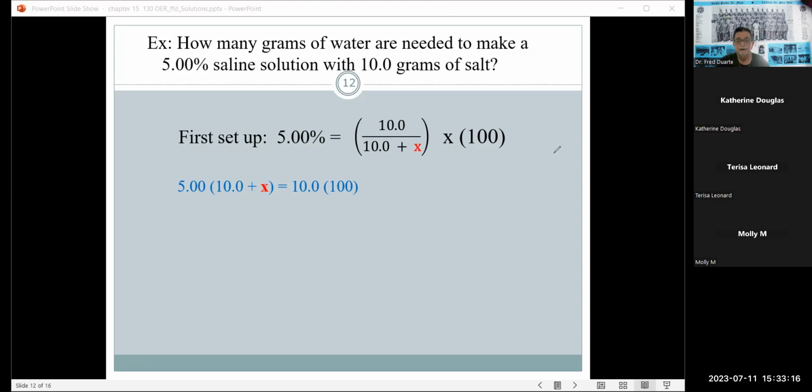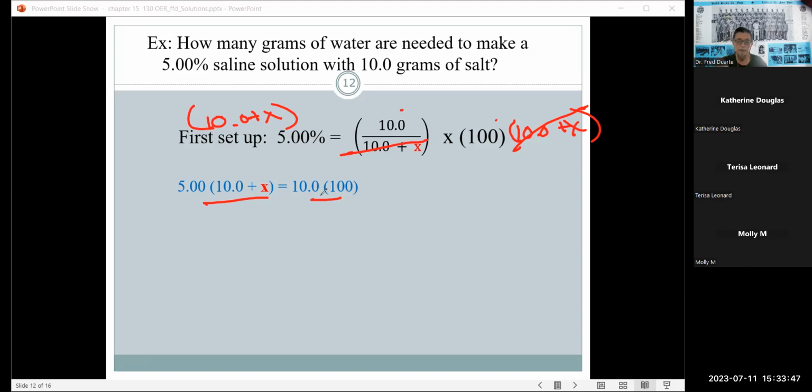Let's go red. On both sides, they multiplied 10.0 plus x on both sides of the expression. And notice when that occurred, this canceled with this, leaving us with 5.0 times 10 plus x, which is right here, and then 10 times 100, which is right there.